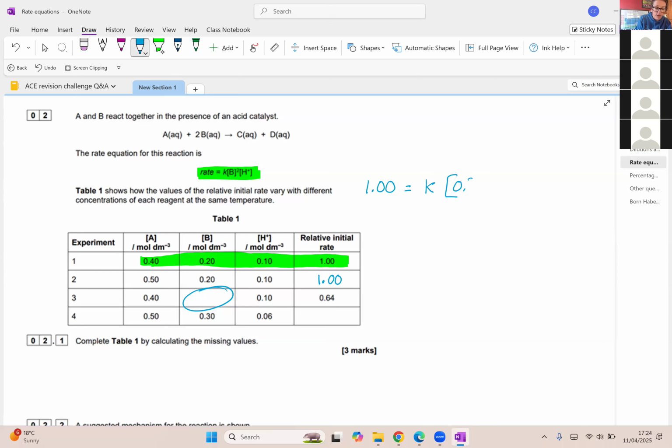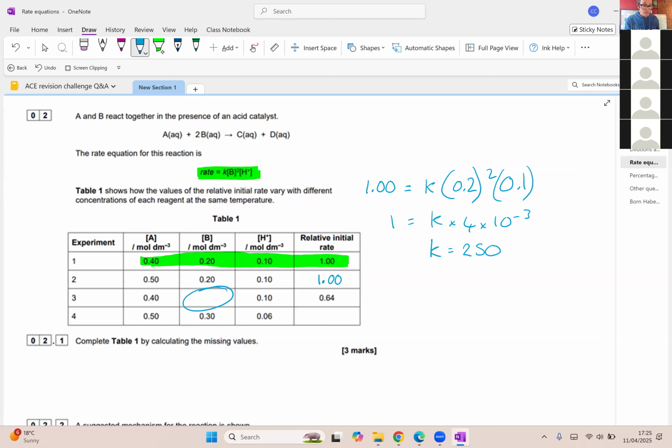So I'm going to do 0.2 squared times 0.1. 0.2 squared times 0.1 gives me 4 times 10 to the minus 3. Do 1 over that. That tells me that k is equal to 250.